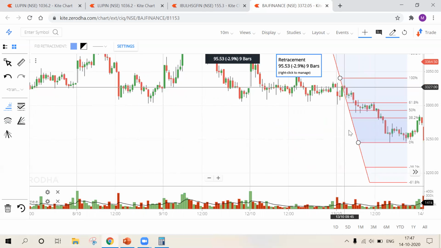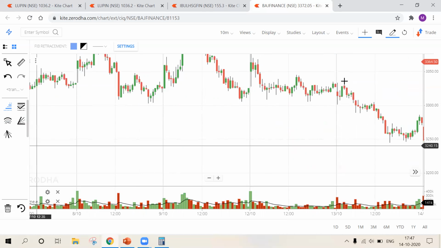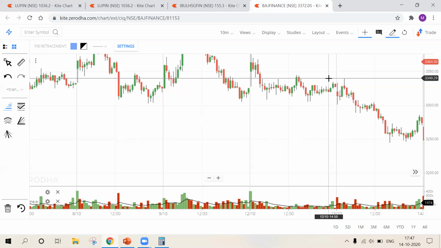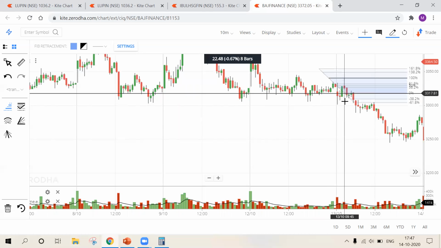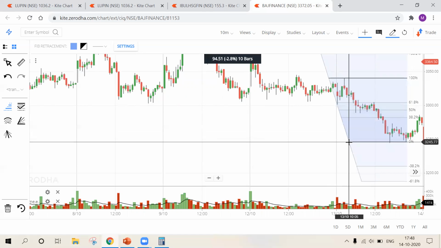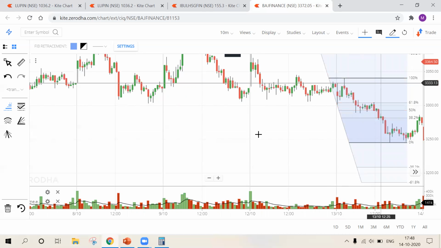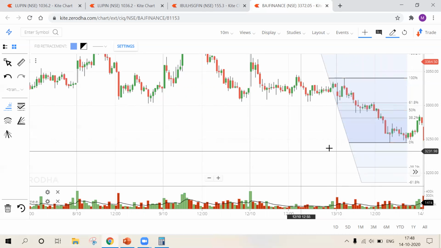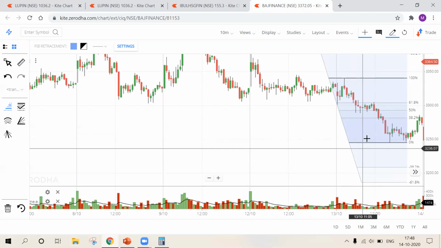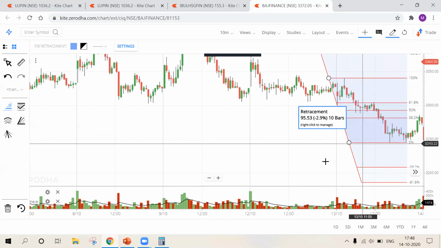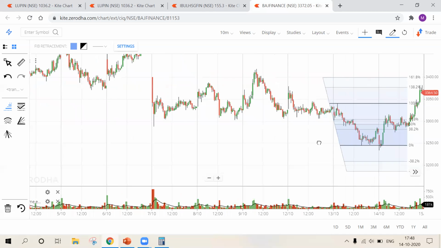You just need to select Fibonacci and draw the level by connecting the previous day's high, moving downward, and connecting the previous day's low. This is the low. You need to consider the wick. You should not ignore the wick. Now this is how it looks.